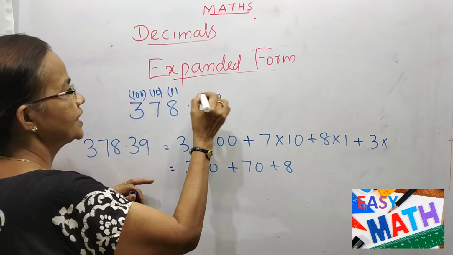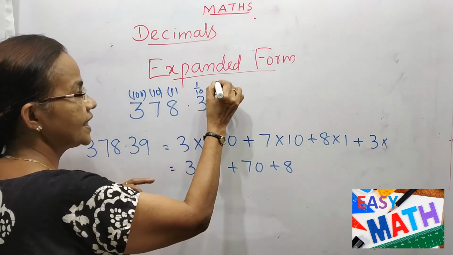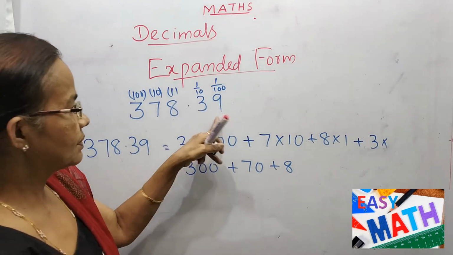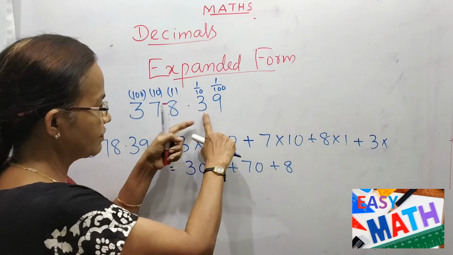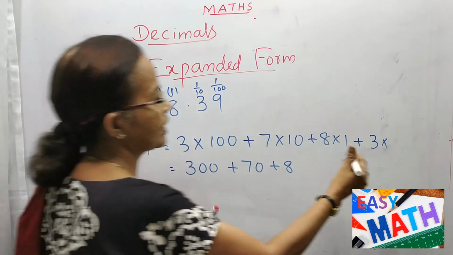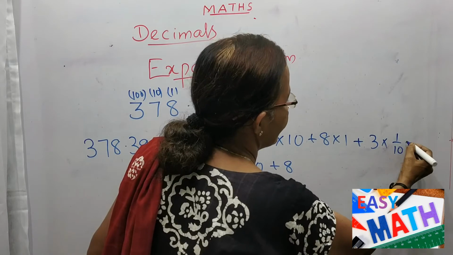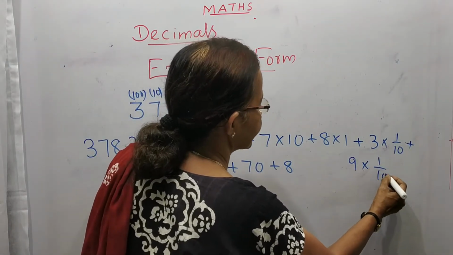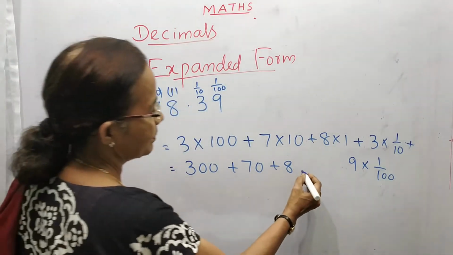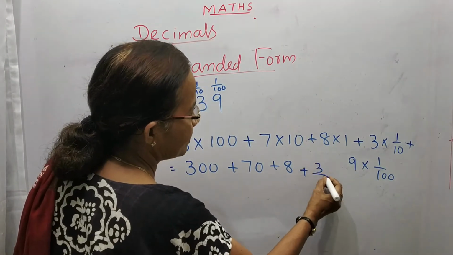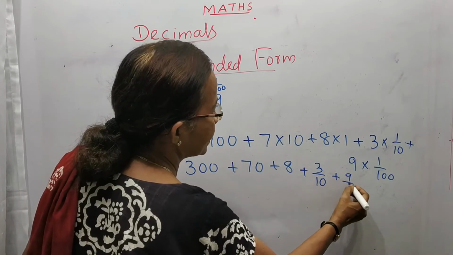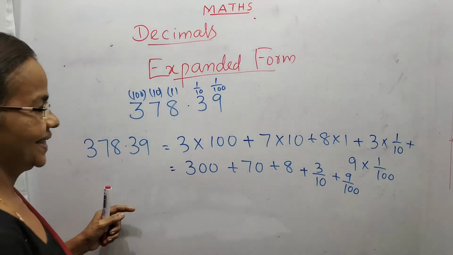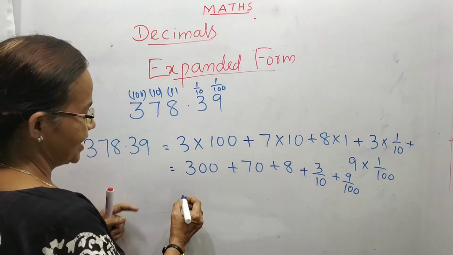Likewise here it is 1 by 10, then 1 by 100. 10th place, 100th place. This face value into the place is 3 into 1 by 10, then plus 9 into 1 by 100. Then plus 3 into 1 by 10 is 3 by 10 plus 9 by 100. Okay. That's expanded form.